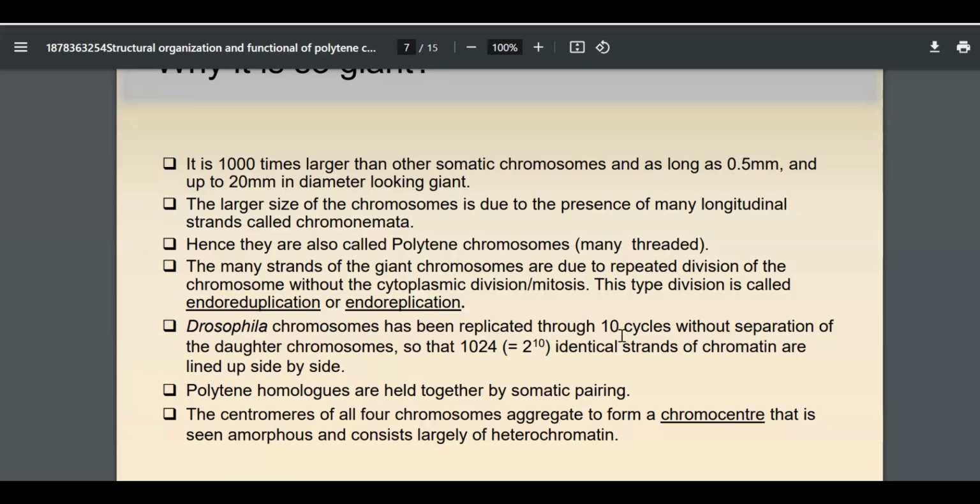So how many copies of that you will get is about 1024 identical strands of chromatin are going to get formed, and they're going to be spread line by line or aligned to each other. That's why it is going to appear as a giant structure, which is held together by the chromocenter.